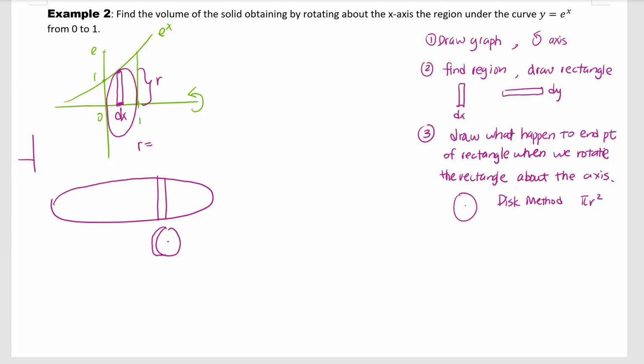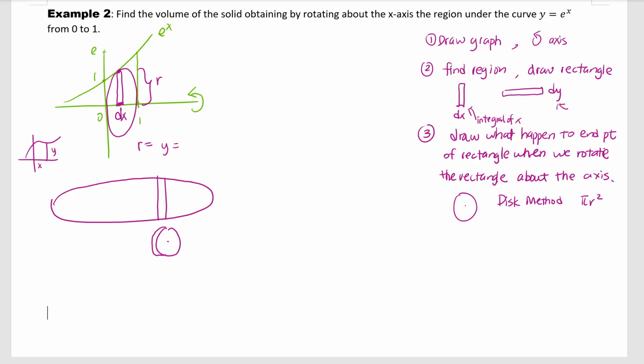And remember, if you have any function, vertical distance is y, horizontal distance is x. So in this case, we're talking about vertical distance. So r equals y. But because it's dx, our integral is in terms of x.